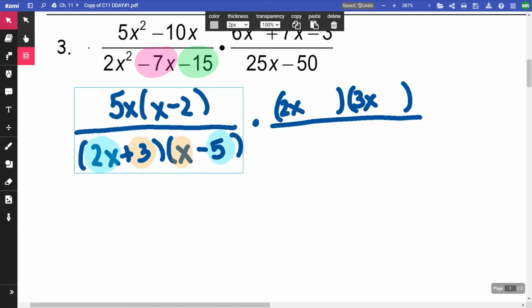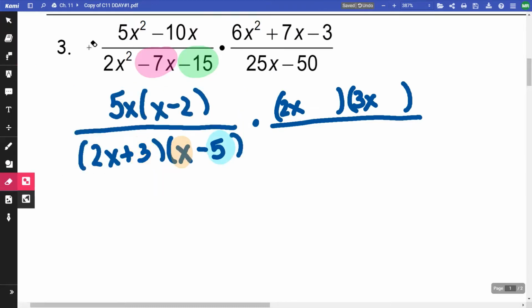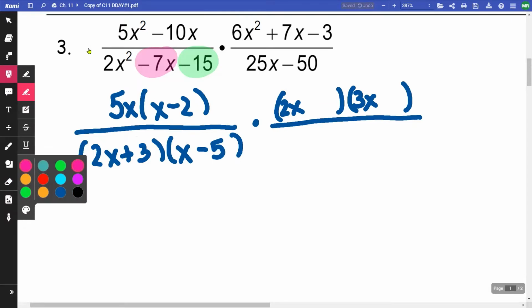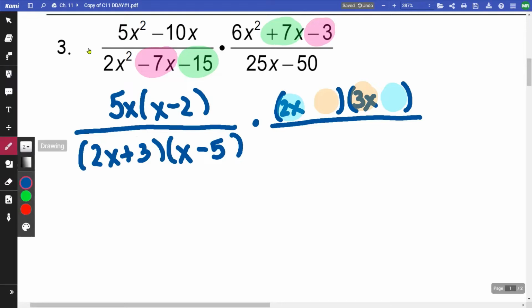I am going to be trying to multiply and get a negative 3 and add and get a 7. Whatever is going to go here is going to multiply with my 2x, and whatever goes here is going to multiply with my 3x. So I am thinking that I want to have a 3 and a 1.